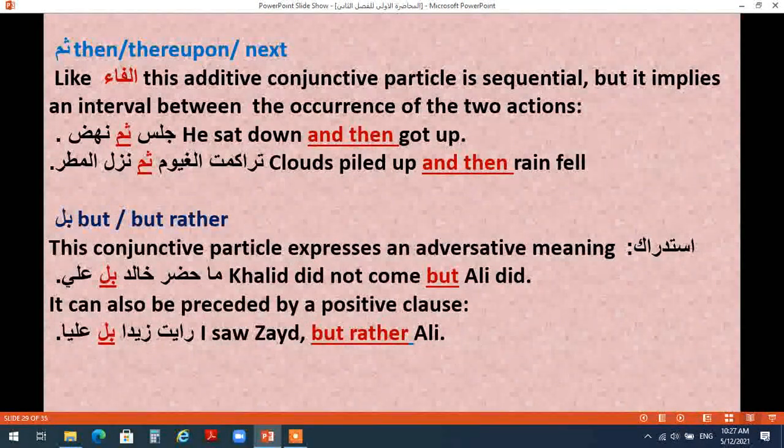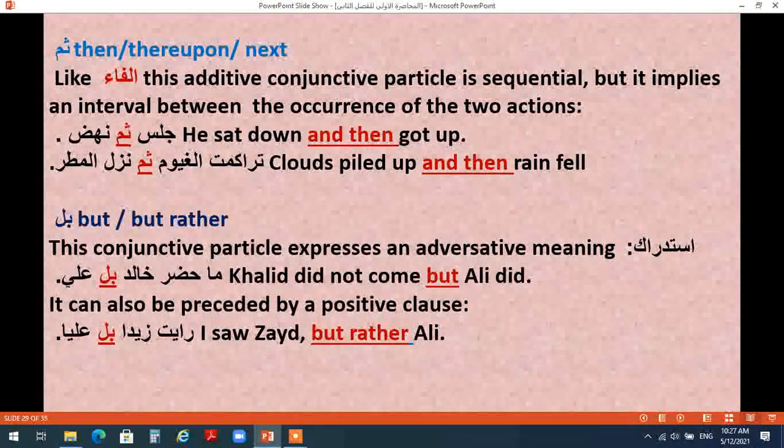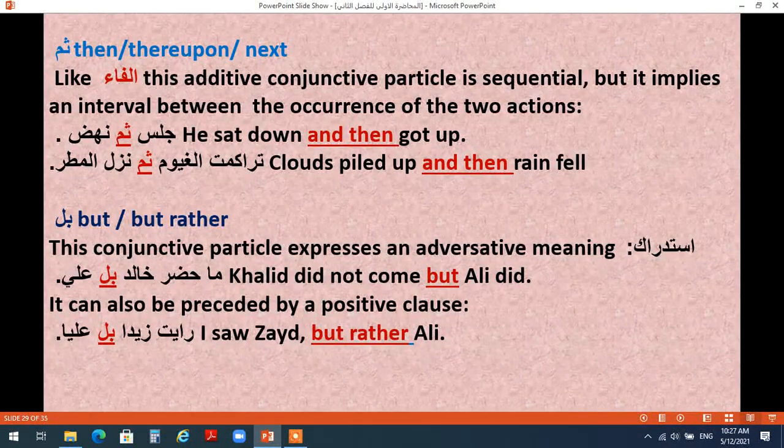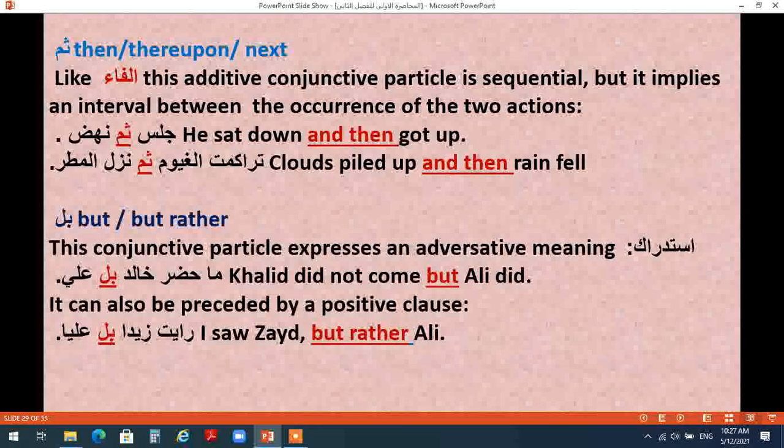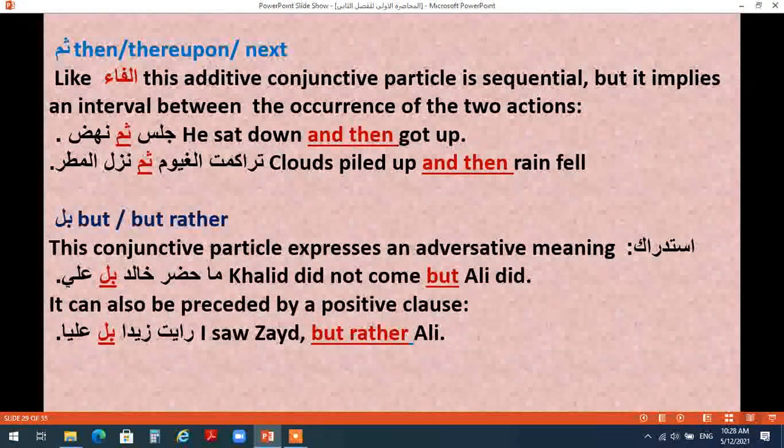Khalid didn't come but Ali did. It can also be preceded by a positive clause. يعني ليس شرط أنه دائما نستخدم البل وتسبقها عبارة منفية، ممكن أن تسبقها عبارة مثبتة. For example رأيت زيدا بل عليا. هنا استخدمنا بل وتسبقها عبارة مثبتة وليست عبارة منفية.